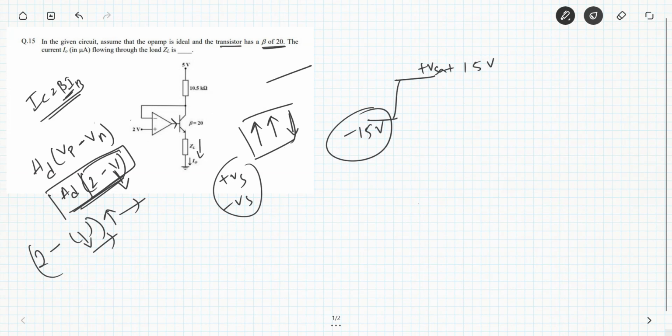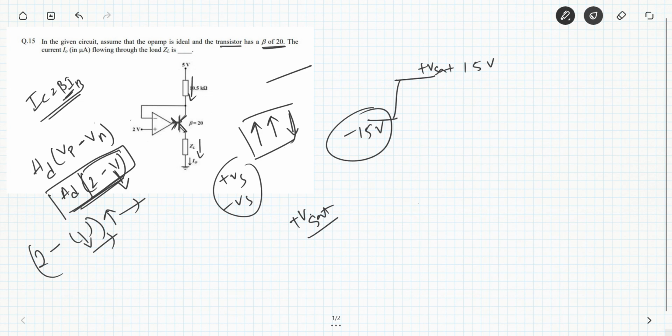Now let's suppose the output voltage of the op amp is plus Vsat. When it's plus Vsat, the BJT will be turned on, and current will be flowing through the 10 kilo ohm resistor.